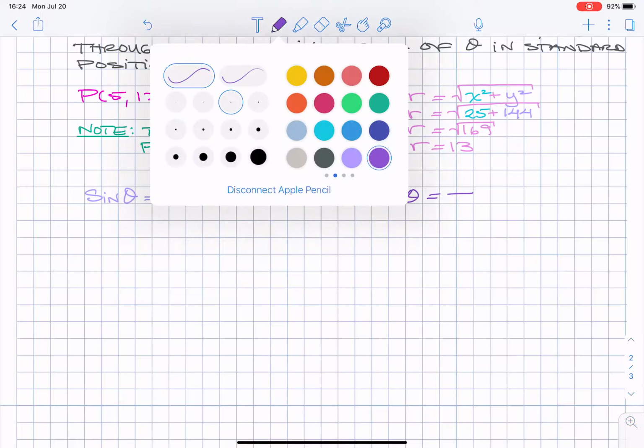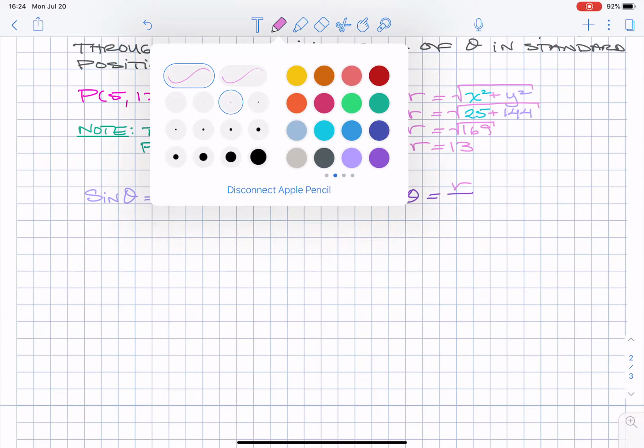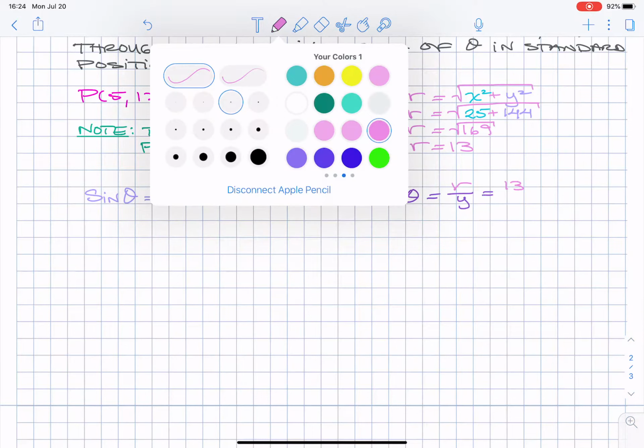So it's going to be radius 13. Actually, let me write it r over y, which for us will be 13 over 12.